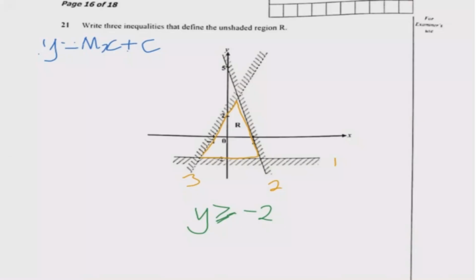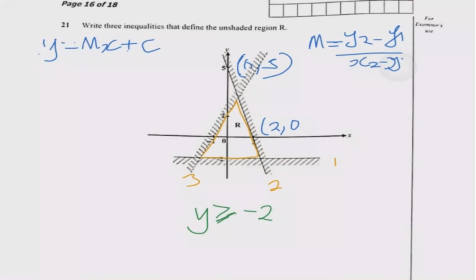So the coordinates there are (2, 0), and here it passes the y-axis on 5, so the coordinates are (0, 5), because it's passing the y-axis on 5. Those are the coordinates. First, we are going to find the gradient, which is equal to y2 minus y1 over x2 minus x1.